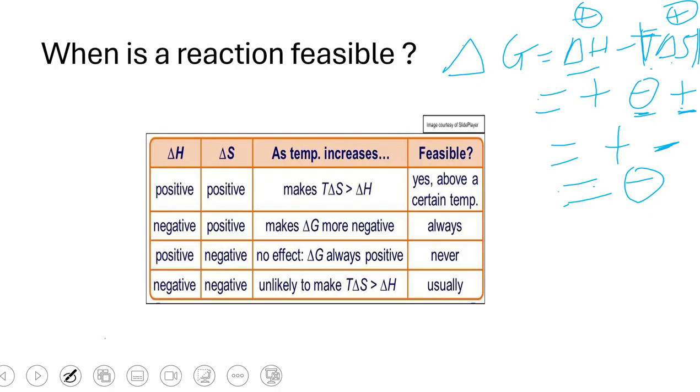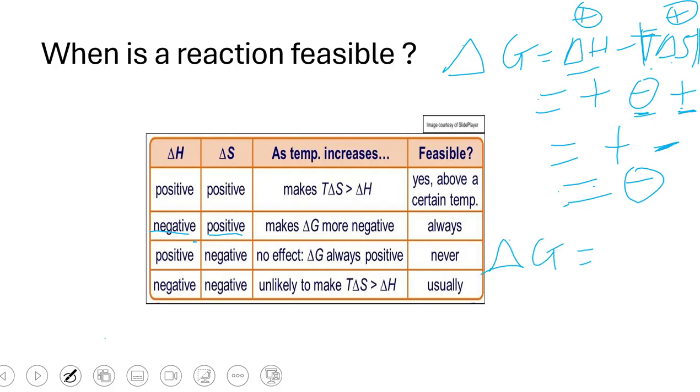And also, a reaction can be feasible if the delta H is negative and delta S is positive. So this is the formula.